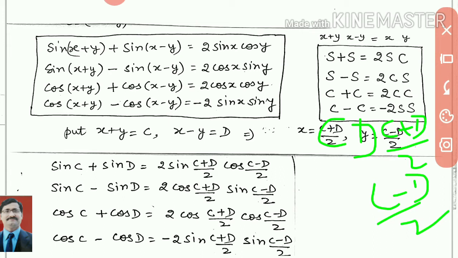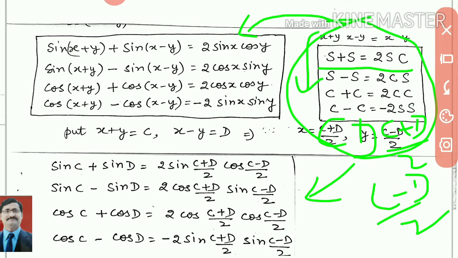You will understand that from the top you get these formulae, and going downward you get these formulae. So sin c plus sin d will be 2 sin (c plus d)/2 cos (c minus d)/2. This way you get all these 8 formulae.